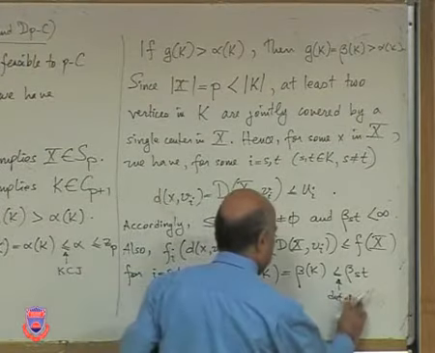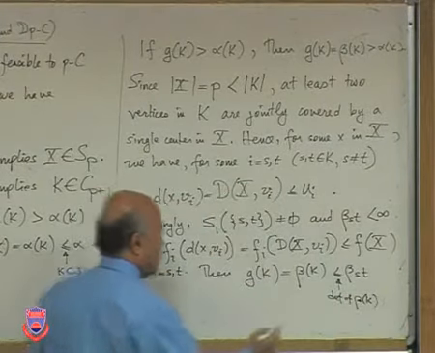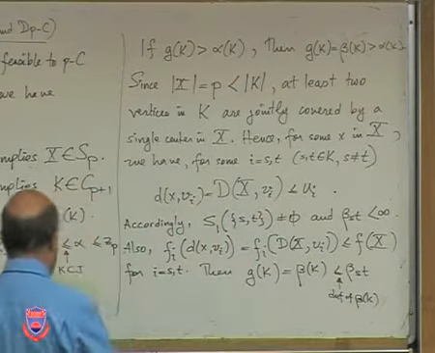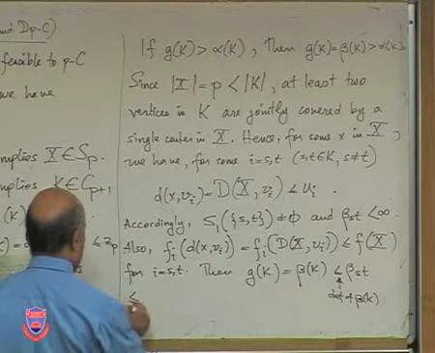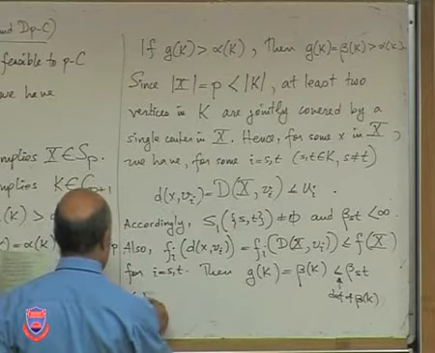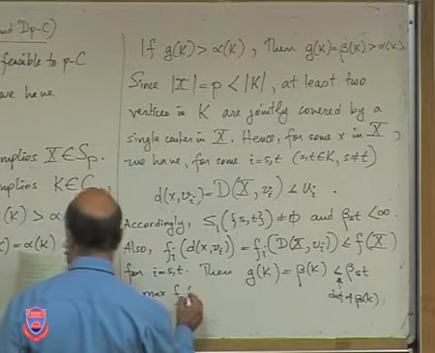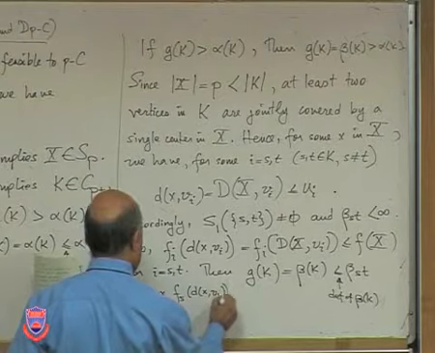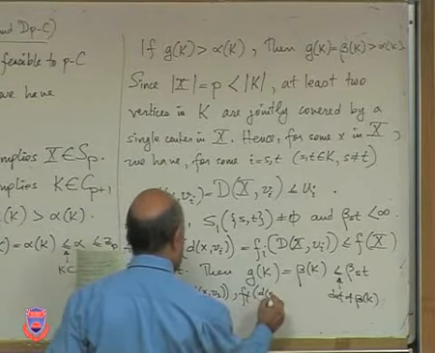Definition of beta of k. And beta st is, continuing with this, less than or equal to the maximum of fs of Dx vs and ft of Dx vt.